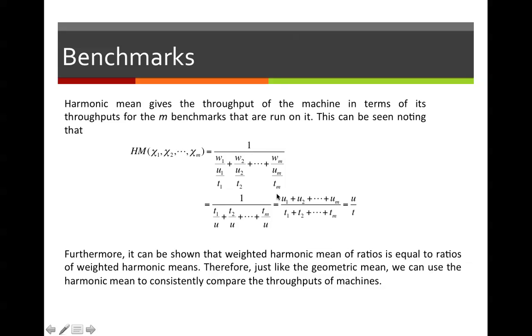This just establishes what we already know: the harmonic mean is the true average that we're supposed to take when we take all the jobs together and divide by the total time needed to execute the total amount of work. That's what this formula ultimately computes to, and that's pretty apparent to us by now.